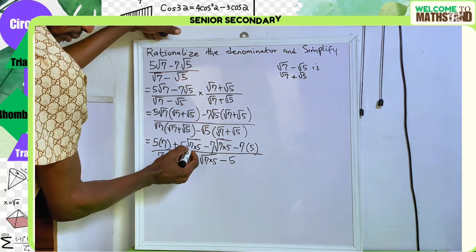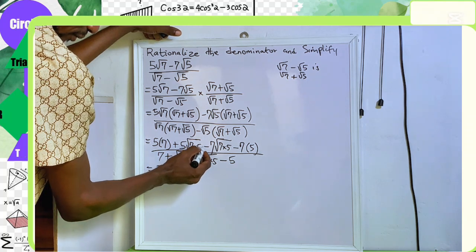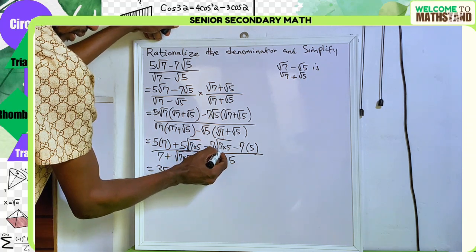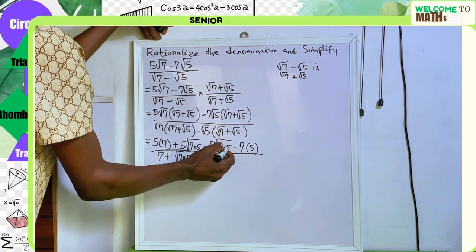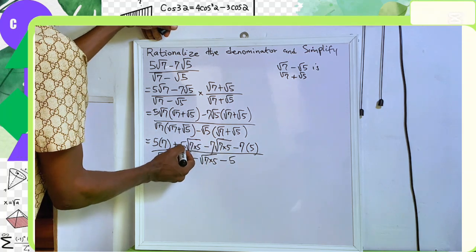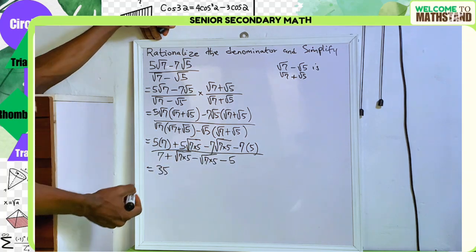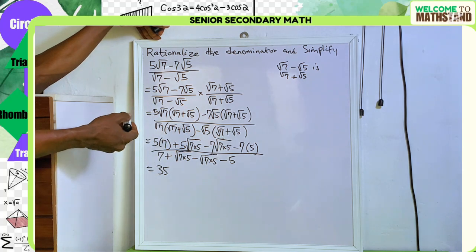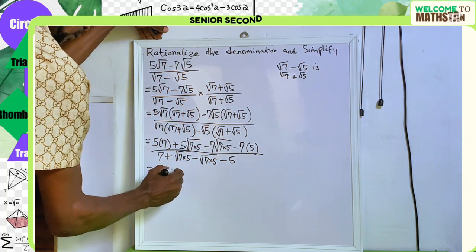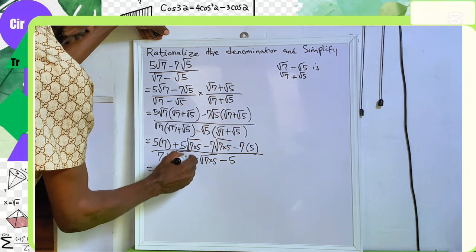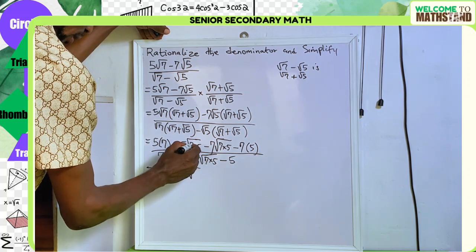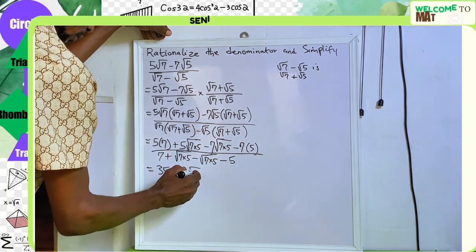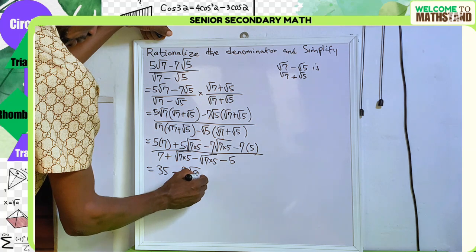And here we have 5√7 times 5 minus 7 times √7 times 5. Since they are the same thing, I'll just say 5 minus 7. 5 minus 7 is minus 2, because 5 is less than 7. And since we have the same thing, √7 times 5 would be √35.